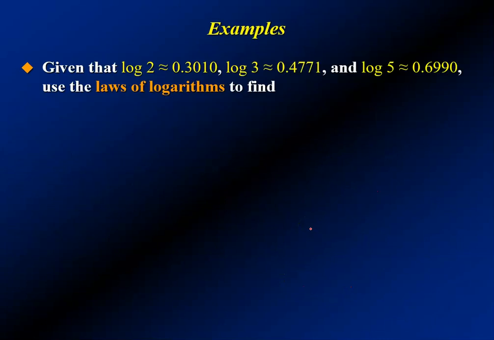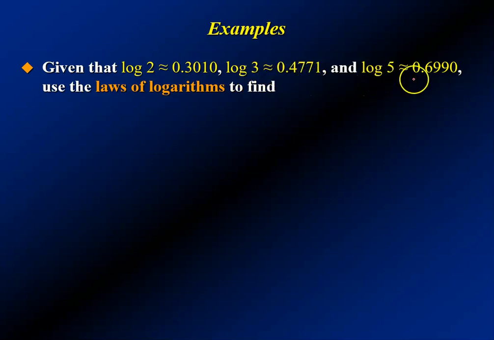Okay, so let's go to some applications of the properties. When you solve for the logarithm, if you have your calculator with you, it will give you the approximate values. We have given values to 4 decimal places. Logarithm of 2 is equal to 0.3010. Logarithm of 3 is equal to 0.4771.